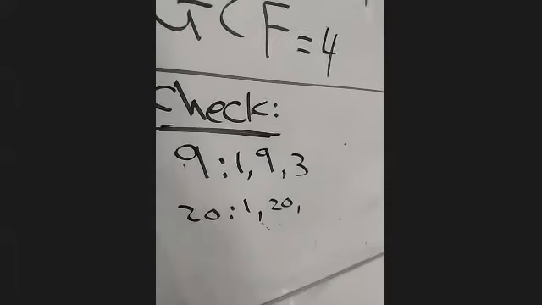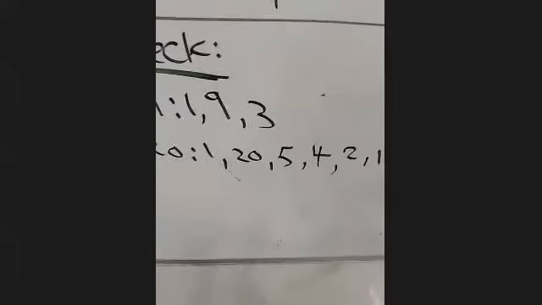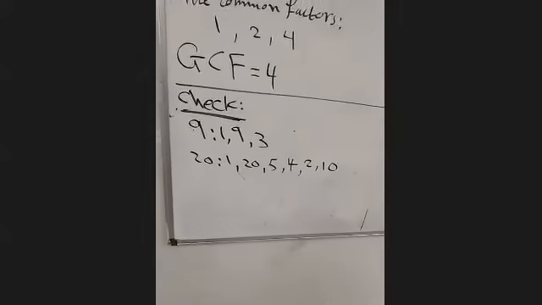1 and 20. 5 with 4. 2 with 10, right? What are the common factors here?